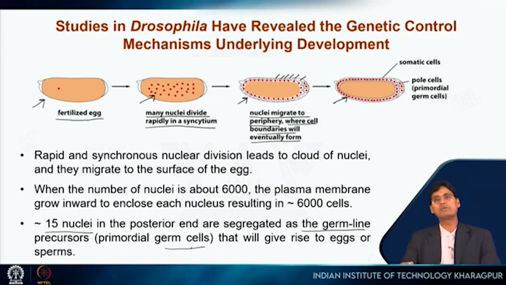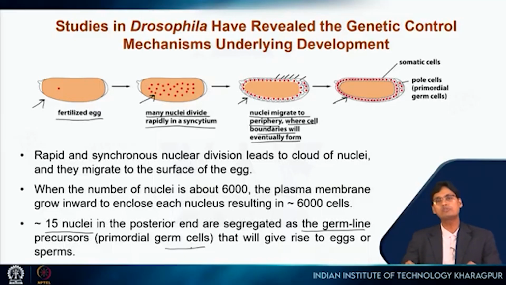So at the beginning, how it is getting developed. Here I just mentioned how initial nuclear division is followed by membrane formation. It's overall how it developed from an egg to an embryo.